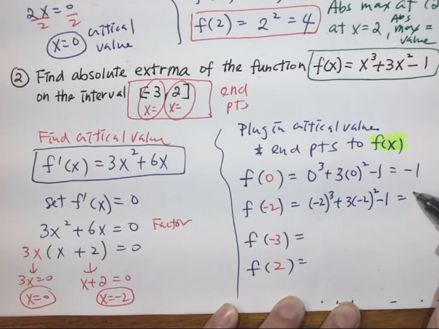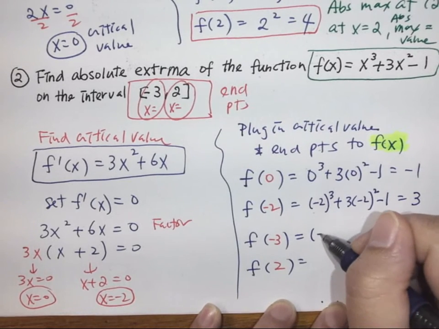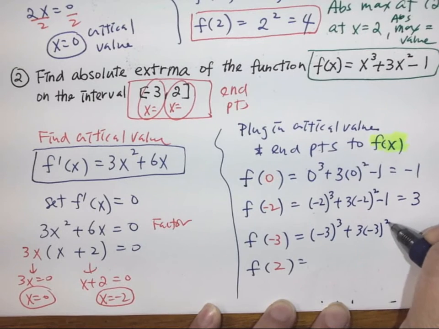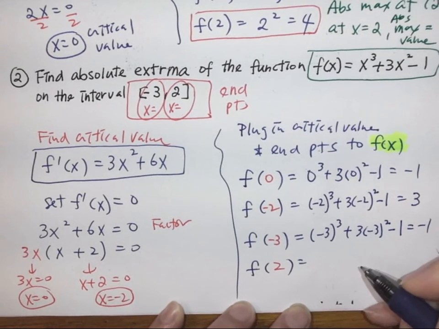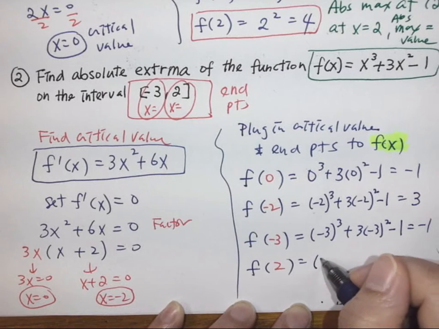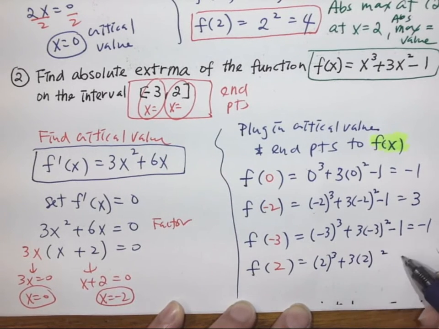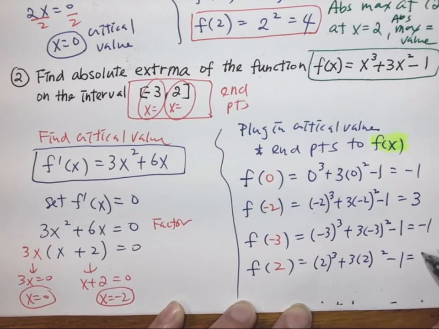You should get a 3. And then we have -3 cubed plus 3 times -3 squared minus 1. You should get a -1. And the last one, if you plug in 2 cubed plus 3 times 2 squared minus 1, you should get 19.